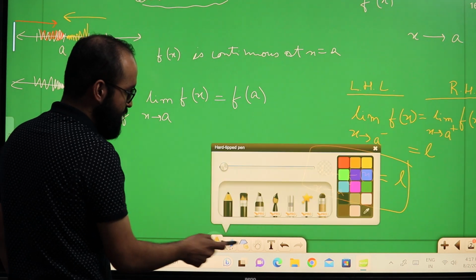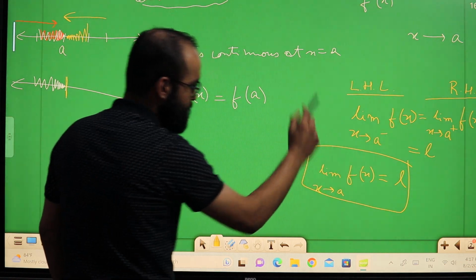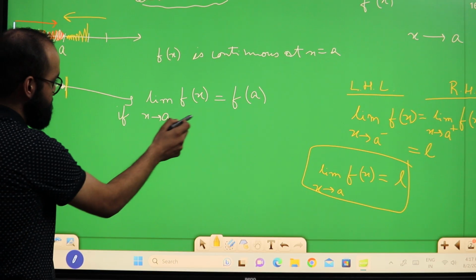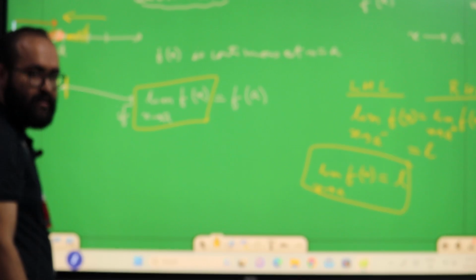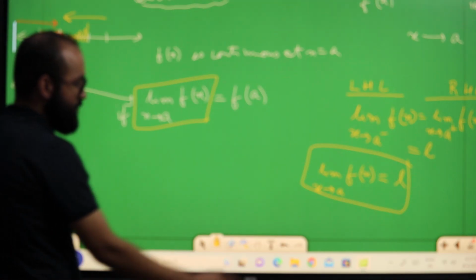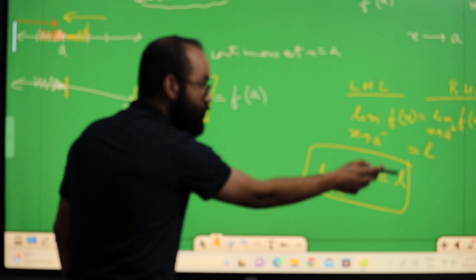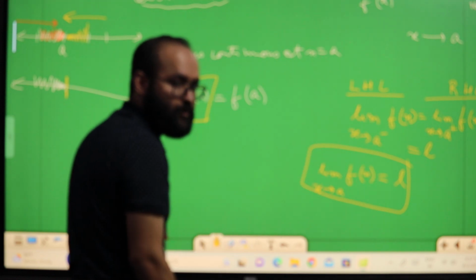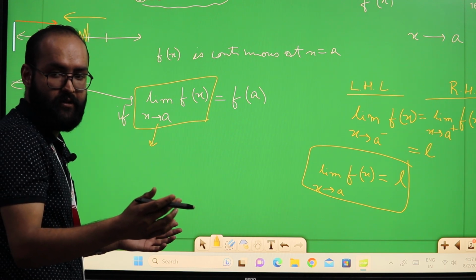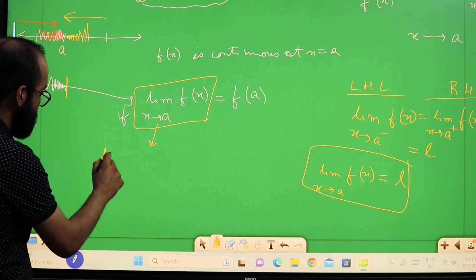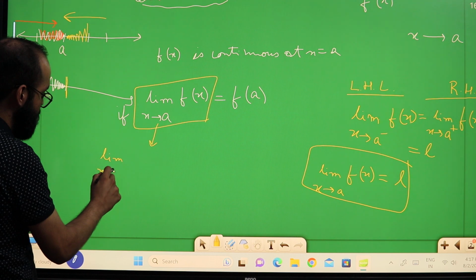From the definition of limit, we know that the limit value of f(x) at x equal to a is nothing but the left hand limit and the right hand limit. So we can write this definition in an expanded form.